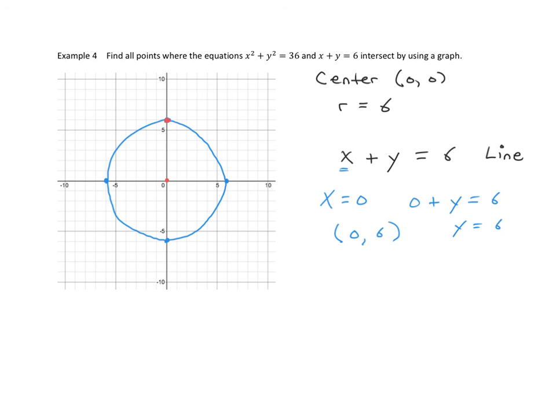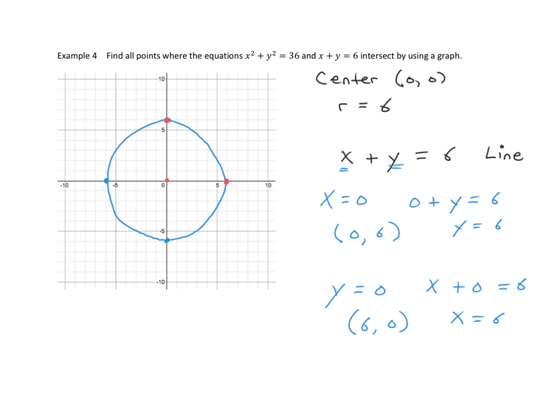Okay, let's find the x-intercept. That is, we let y equal 0 and then solve for x. If we put 0 in place of y, we get x + 0 = 6, or simply x = 6. That means we have the point (6, 0). But that is this point here. It's another point that's on both the circle and the line itself.